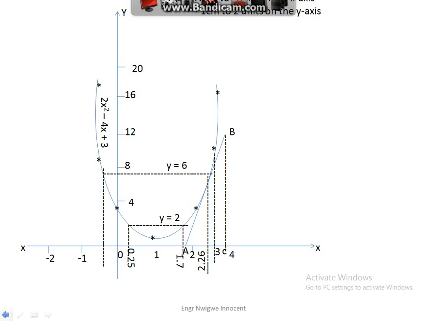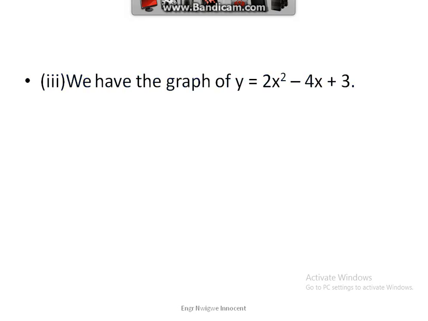At that point, if you solve for x and make our y to be 0, since we are asked to find the value of x, what we have from the graph is y equals 2x squared minus 4x plus 3. We then have to find out the root of the equation.